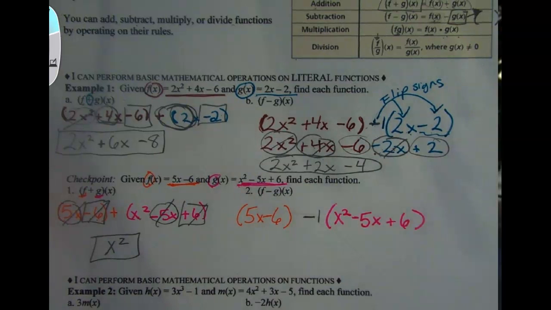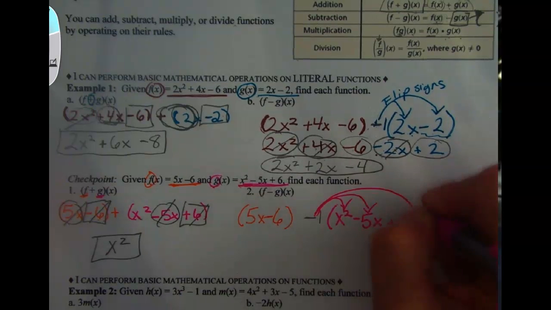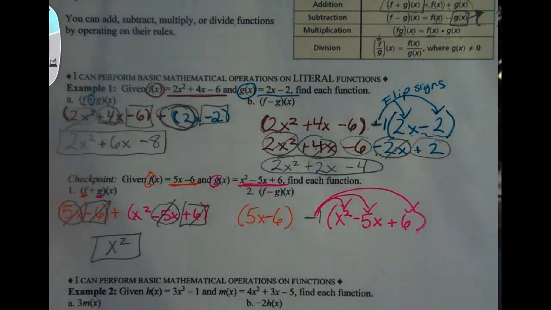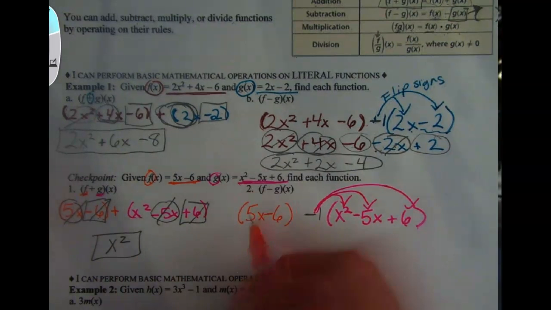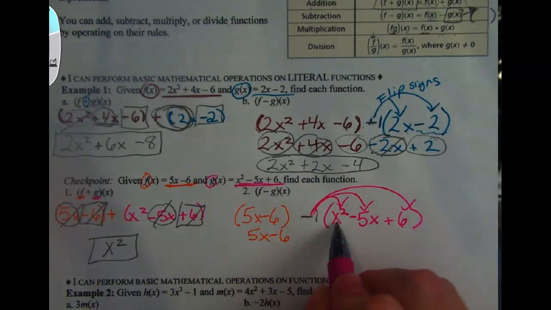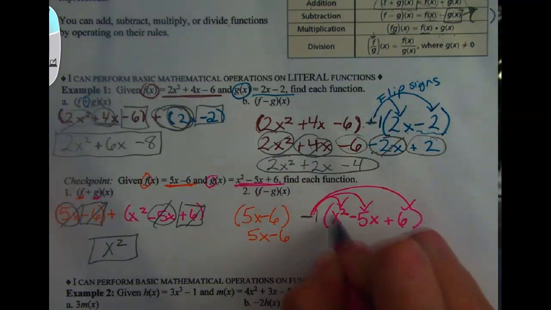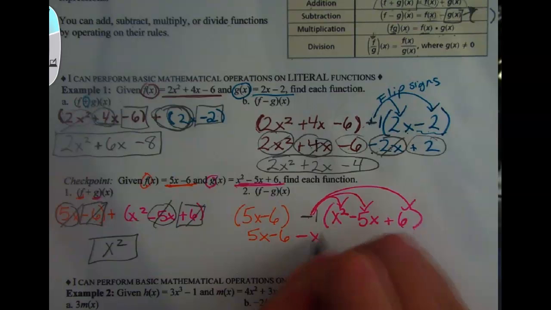And then remember, all we have to do is make sure that if we multiply everything by a -1, or that negative, our sign changes for everything. So we're not doing anything with this 5x minus 6 right now, but we are going to distribute the -1. So that becomes -1 times x squared, so it's a negative x squared.